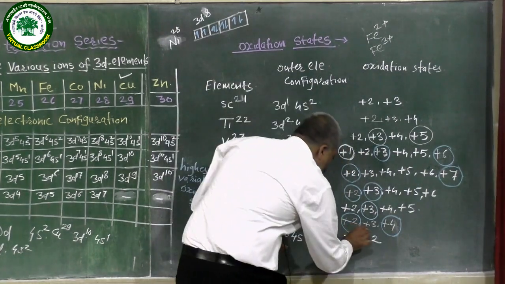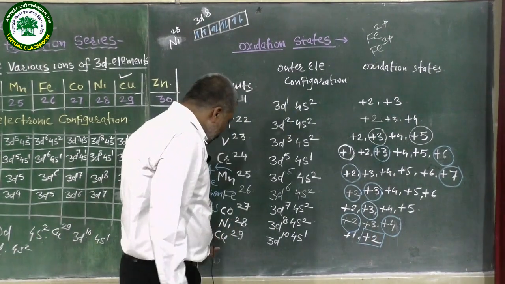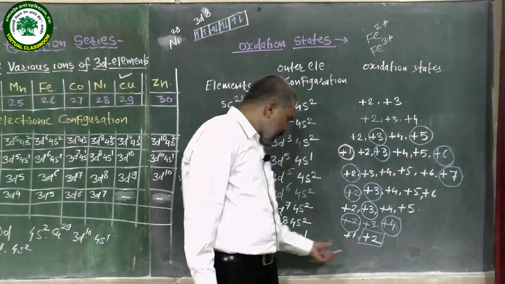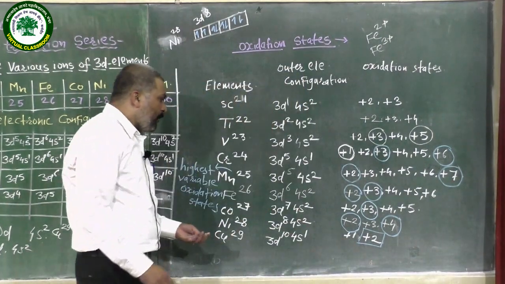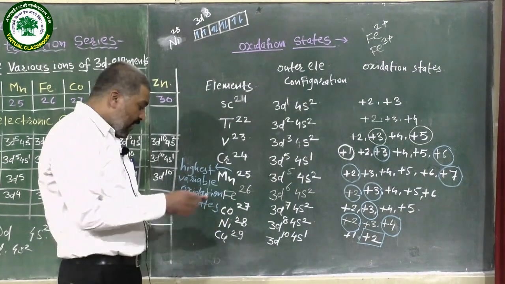This plus 2 oxidation state shown by copper is a rare case, and we know that copper is always present as the di-positive ion.